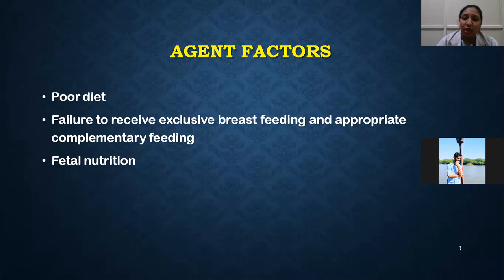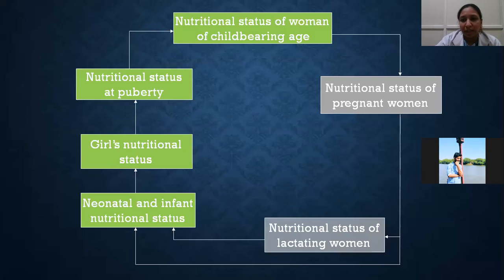So, especially in the last trimester, the pregnant mother has to take adequate nutrition required for the growth of the baby. And not only that, if a girl child is undernourished from birth onwards, she would land up as an undernourished pregnant mother, and again she would be delivering an undernourished baby. Okay, so this is like a cycle.